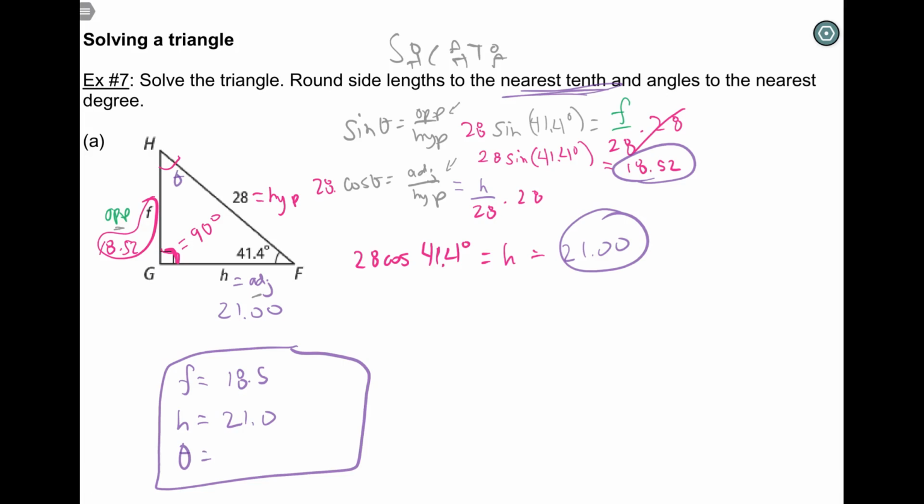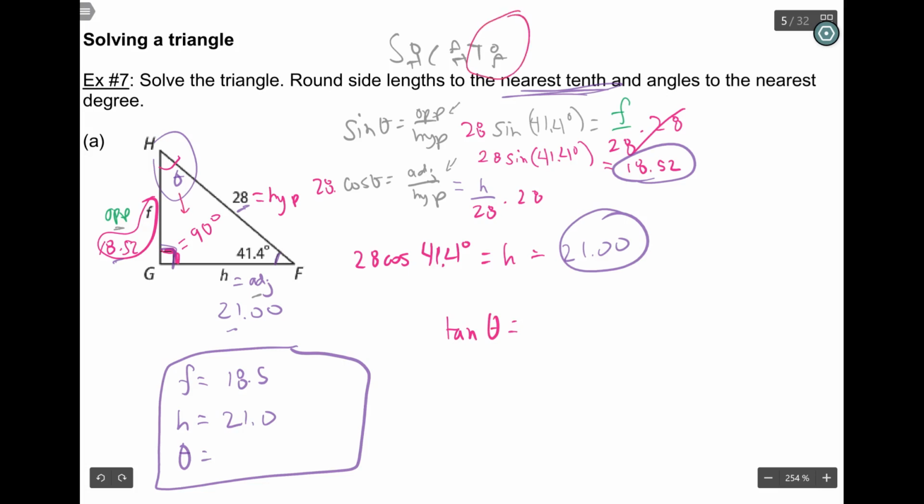Well, I now have all three sides figured out, the hypotenuse, the adjacent side, the opposite side. We have this 90-degree angle, we have this 41.4, we just have to solve for this one. So there's multiple ways you can do this. You can do the route where you say tangent of your missing angle is going to equal opposite over adjacent.